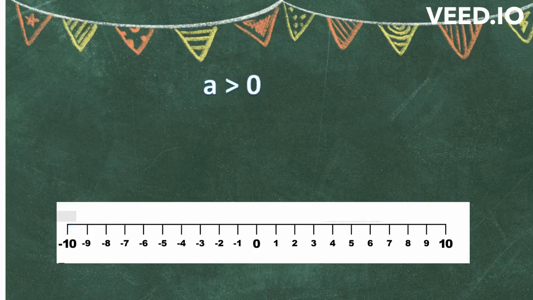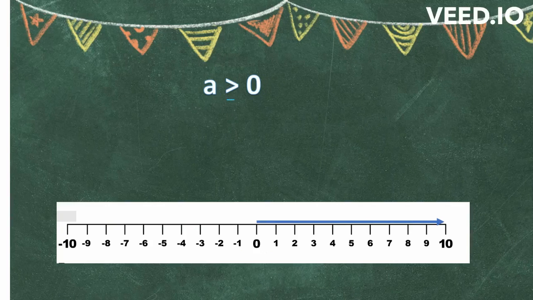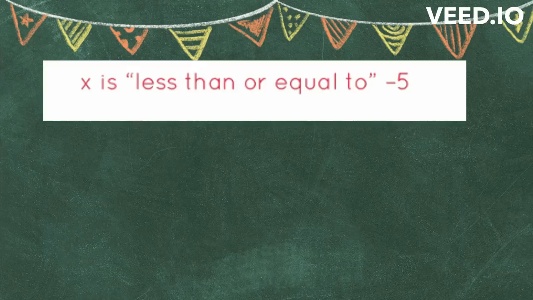Suppose I have a greater than 0, that means it can hold any value greater than 0, any positive value. But what about 0? No, it can't. Suppose I say greater than or equal to, then we have to shade that 0 part.